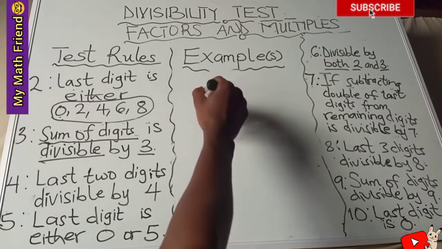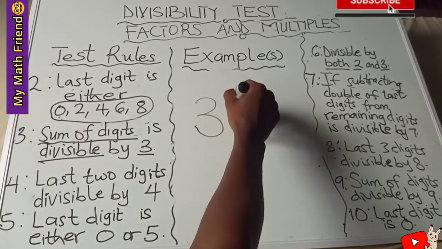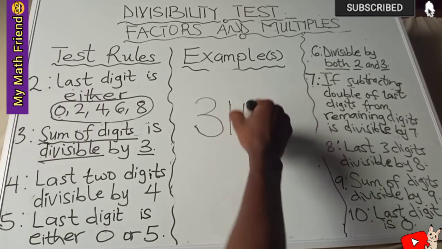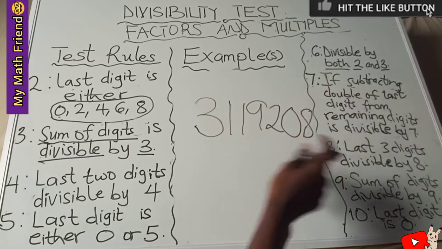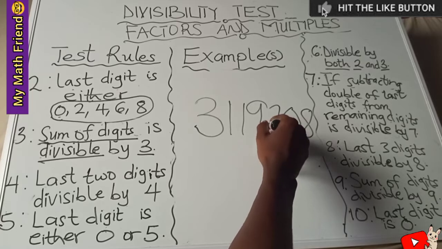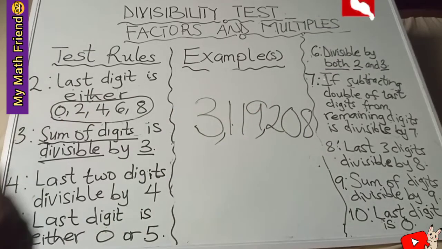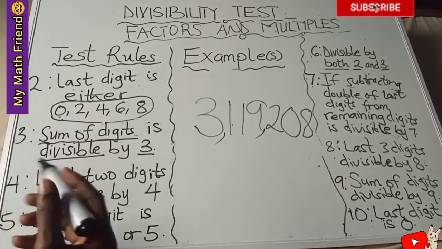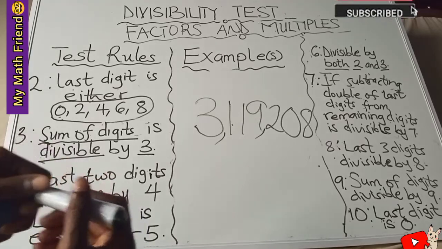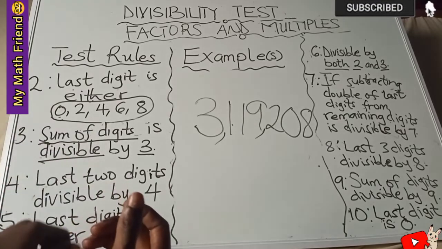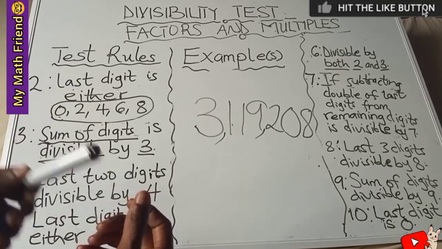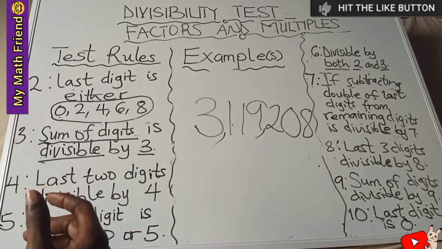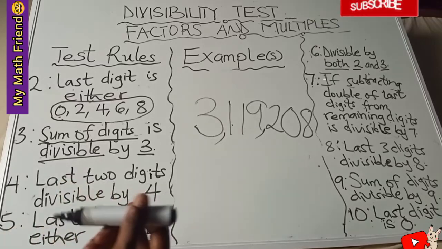An example is 3,119,208. Very well. What's the last digit?